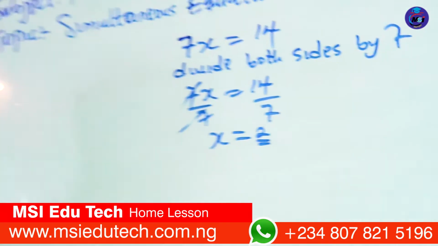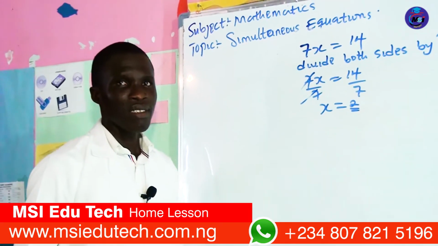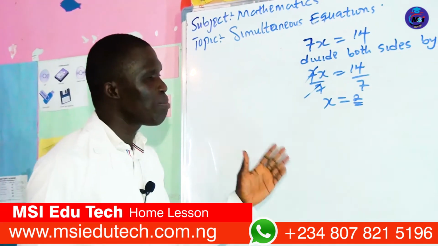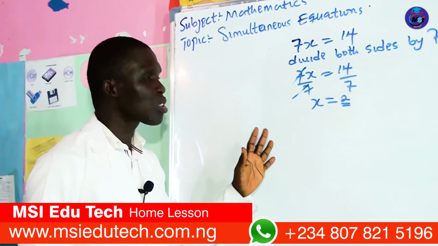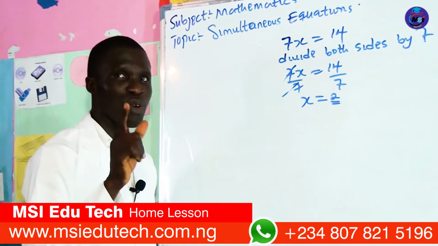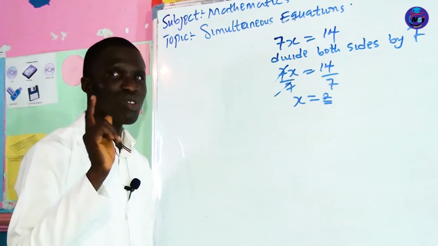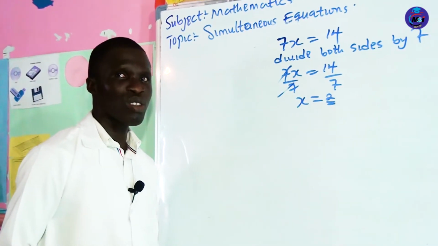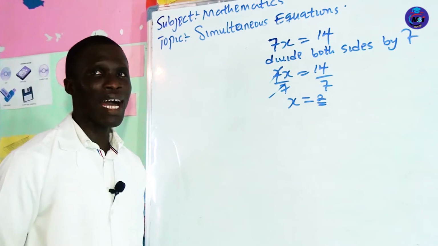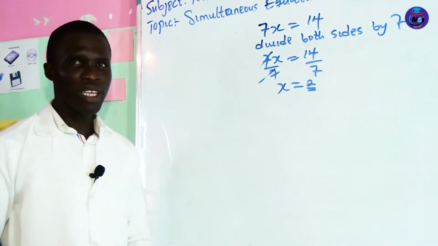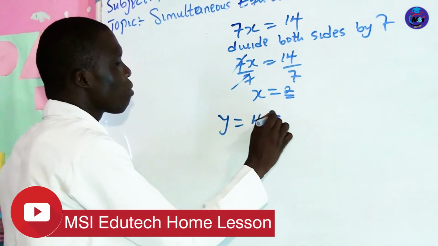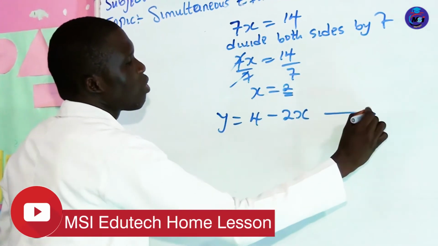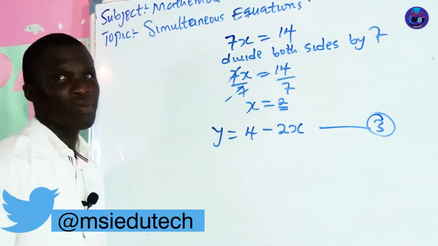But you need to remember that we made y the subject of the formula in equation 3. So we have to go back to equation 3. So what do we have in equation 3? We have y equals 4 minus 2x, which is equation 3.